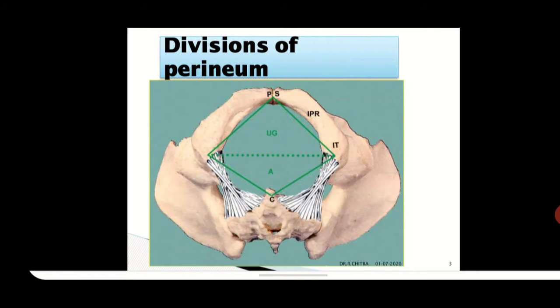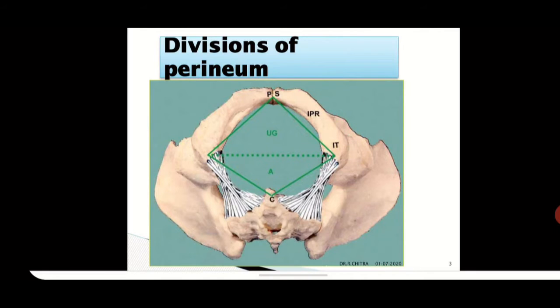Anterolaterally, ischiopubic ramus, marked as IPR, and ischial tuberosities, IT. Posterolaterally, you are seeing some ligament. It's the sacrotuberous ligaments covered by the gluteus maximus. So this is the boundary of the pelvic outlet.